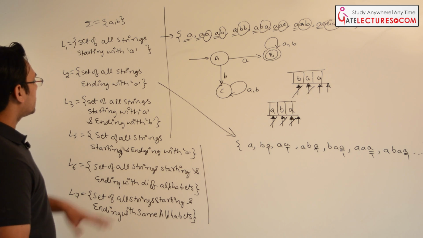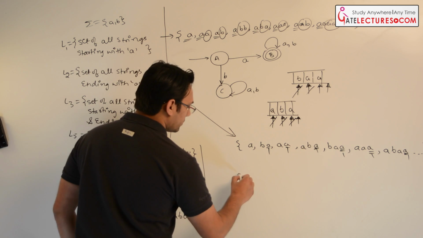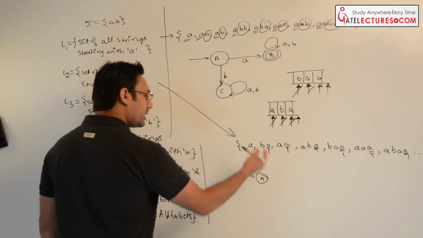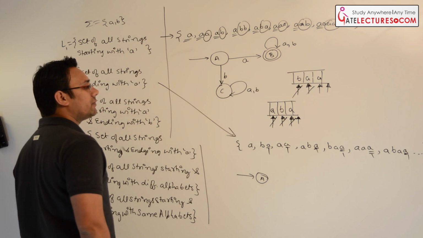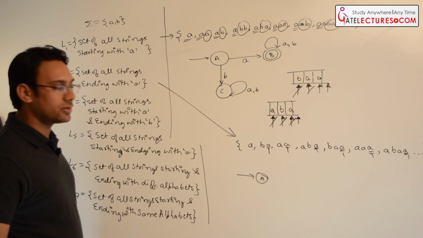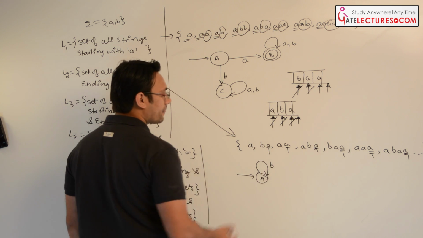Now we are saying set of all strings ending with A, right? So we are in the initial state A. It does not matter whether the string is starting with B or whatever number of B's we are getting, it does not matter, right? So initially if we get any number of B, we don't care.